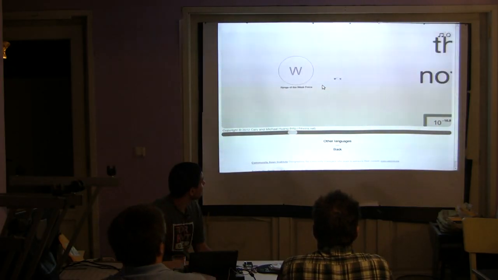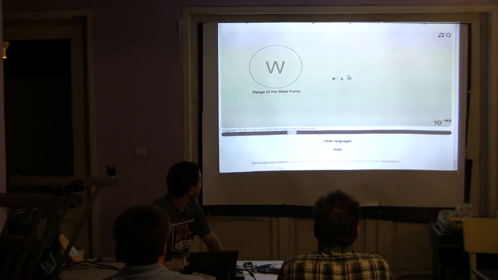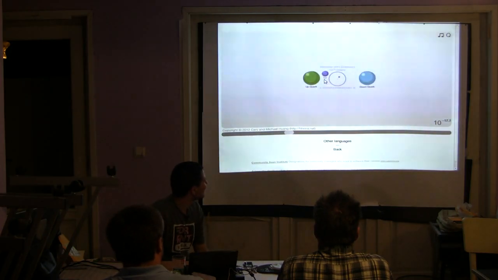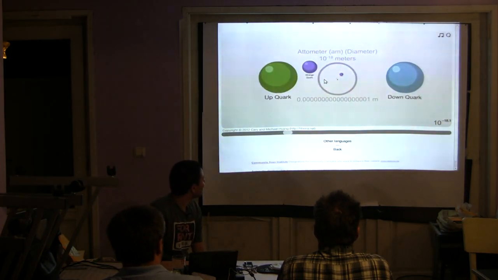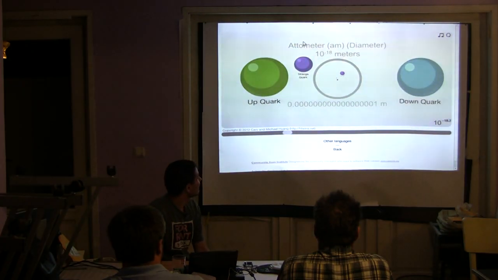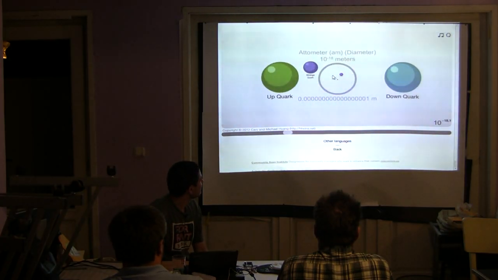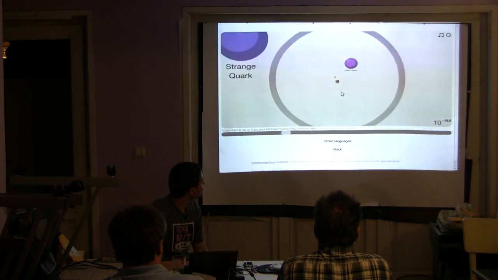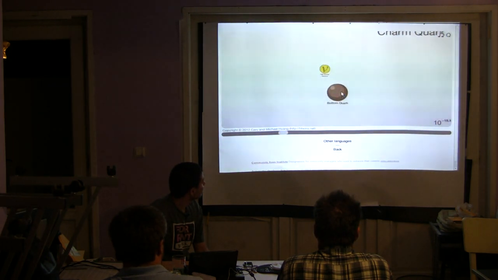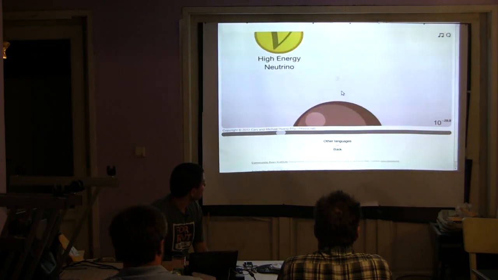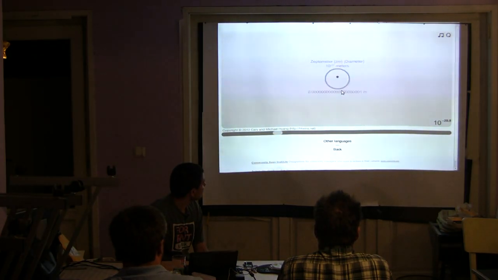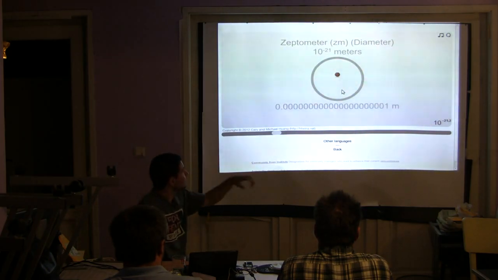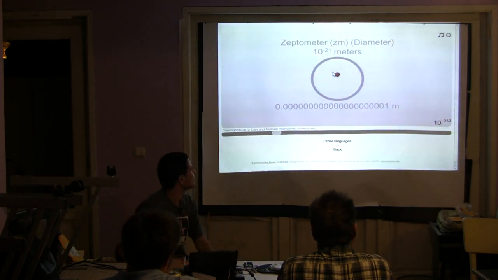This is the range of the weak force. Okay, let's go deeper. Atom. Strange quark. The people at CERN have found the boson.